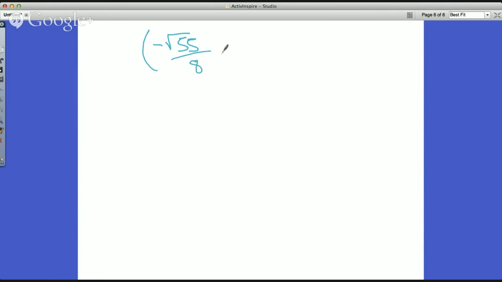Negative square root of 55 over 8, comma, negative 3/8, okay? The question says find what cotangent of t is. Now cotangent, remember, is not y over x, because tangent is y over x, but in this case, because it's the reciprocal, it's really x over y.